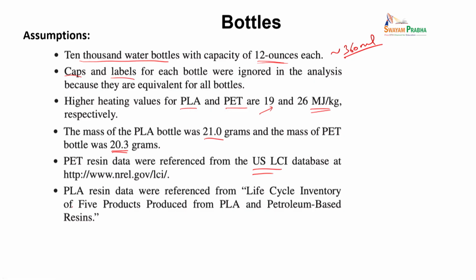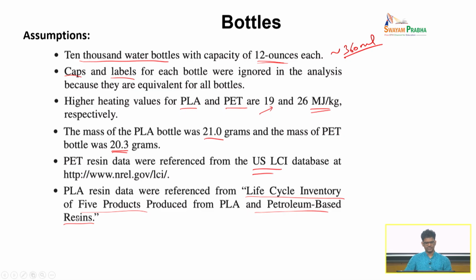The data is obtained from the US life cycle inventory database. This is a government repository that gives all this data, and this entire analysis is taken from this paper. If you remember, we talked about this paper in one of the previous classes, where we compared different resins.